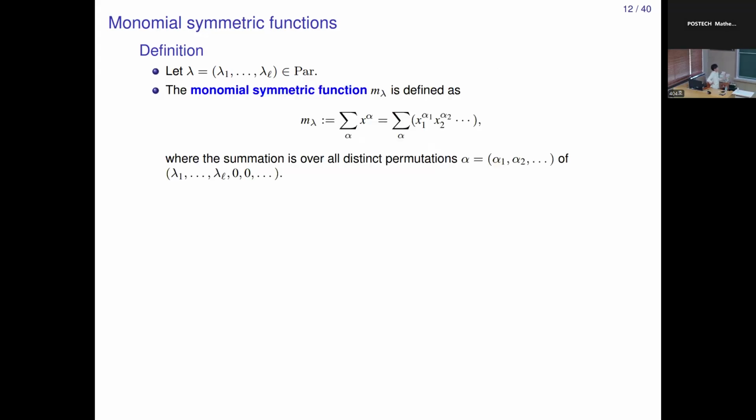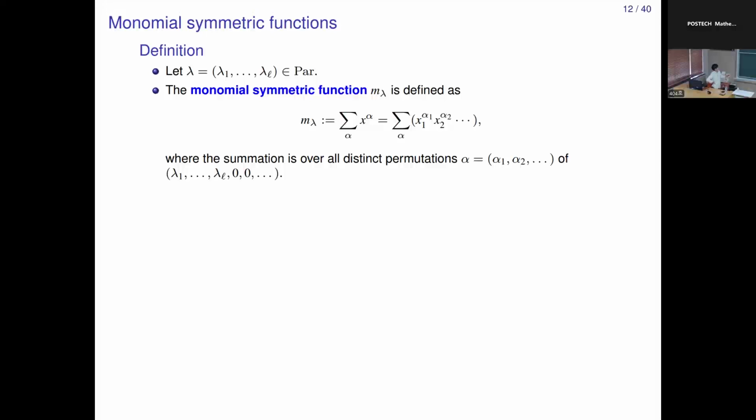And there are many useful bases for this space, and probably the simplest one would be monomial symmetric functions. Suppose that lambda is a partition, then the monomial symmetric function indexed by lambda is just the sum of all monomials x to the alpha, where alpha is over all distinct permutations of this sequence.